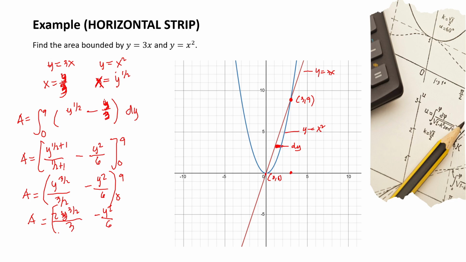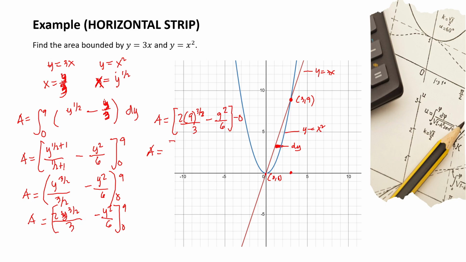So we have to substitute the values from 0 to 9. Our area is equal to 2 times 9 raised to 3 halves over 3 minus 9 squared over 6, then minus 0 since this is 0.